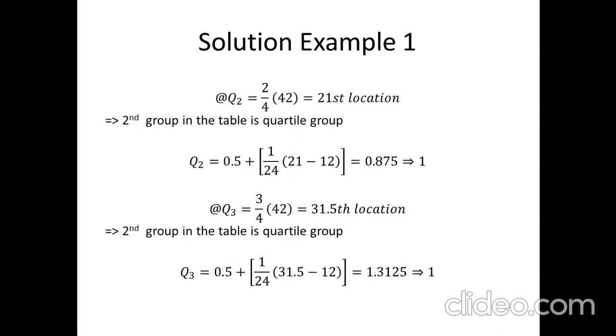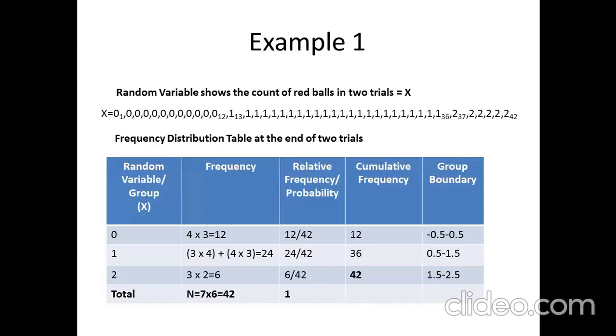Why have I done it in this way? Please look again into the data set, the frequencies and the probabilities. The frequencies of 0 and 1 were quite bigger as compared to the frequency of 2. 12 was for 0, 24 was for 1, and 6 was for 2. So there is more chance of getting 0 and 1 as compared to 2, as we can see from the probability values.